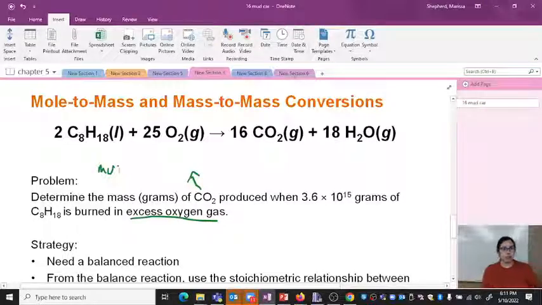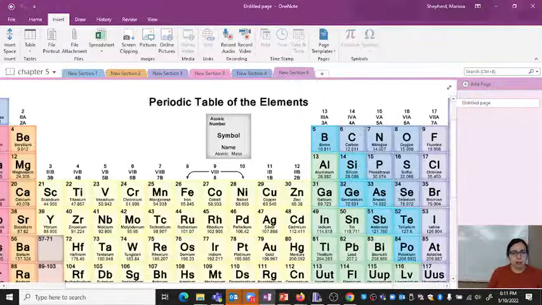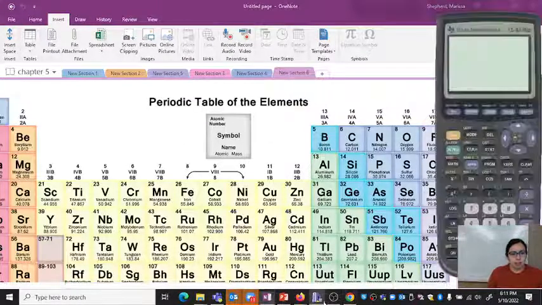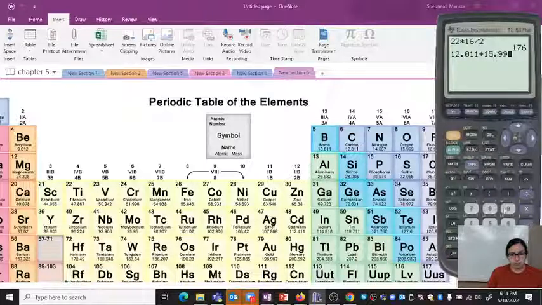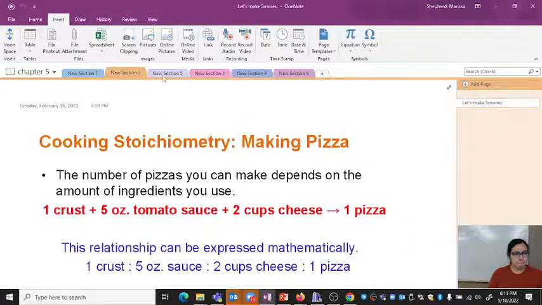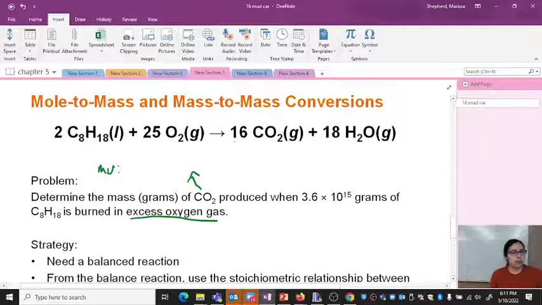Again, we can go to our periodic table and add everything up: 12.011 for carbon, 15.999 for each oxygen. You should get about 44 grams per mole, depending on how you round.